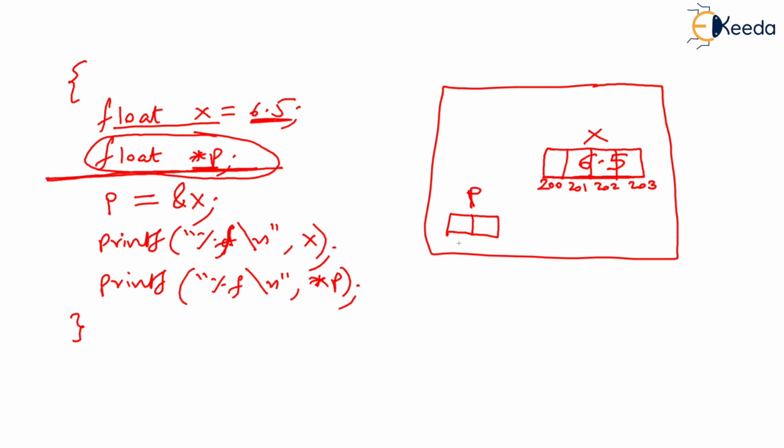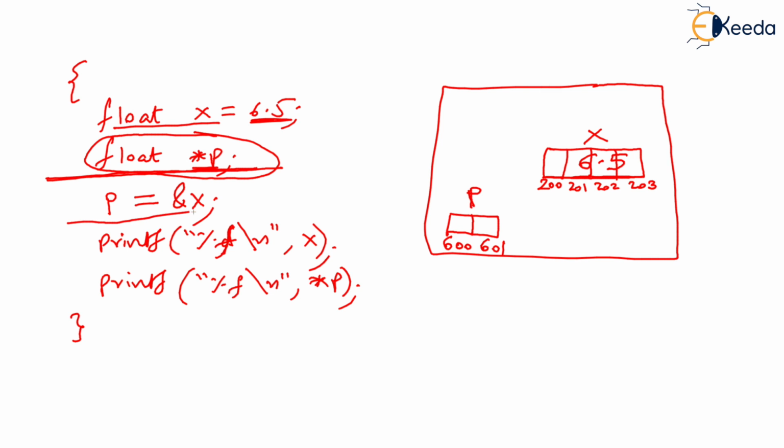So although P is a float pointer, P is not going to store a floating point number. P is going to store an address. So 2 bytes are enough for storing a pointer, whether it is an int pointer or a float pointer. By the way, this pointer will also have some address. Maybe the address of the pointer itself is 600, 601. So it is stored in the memory.